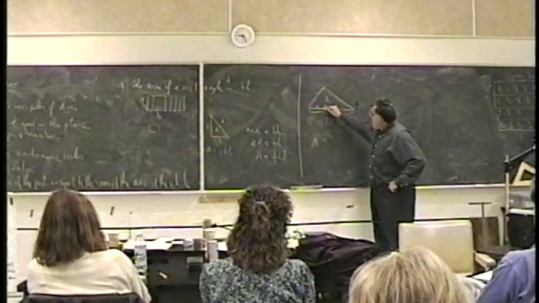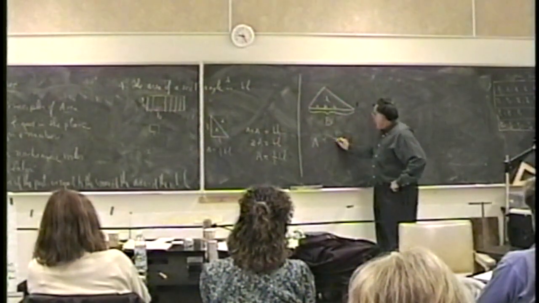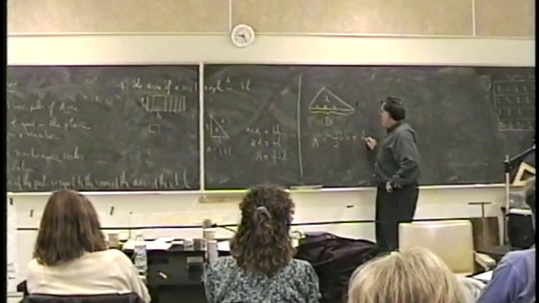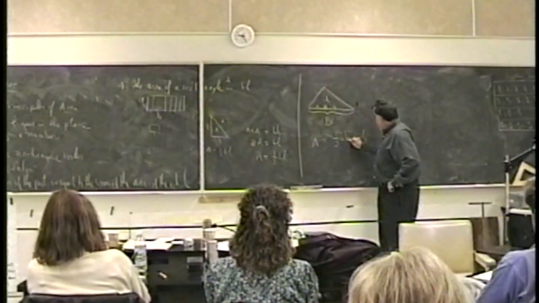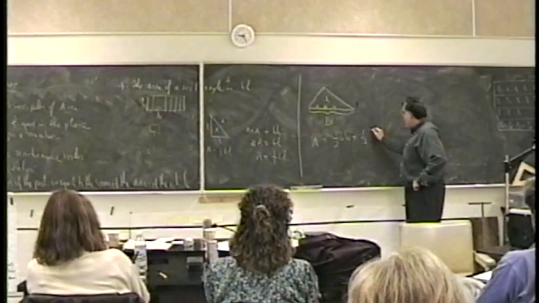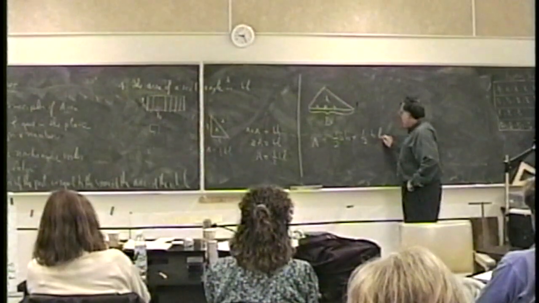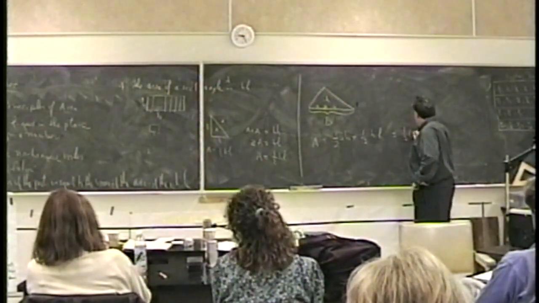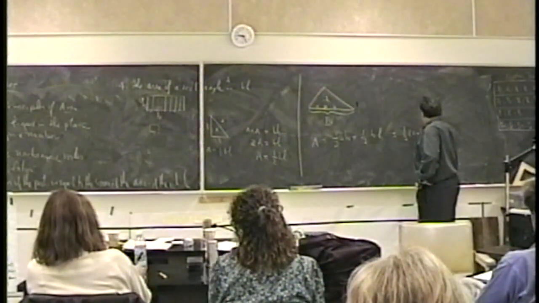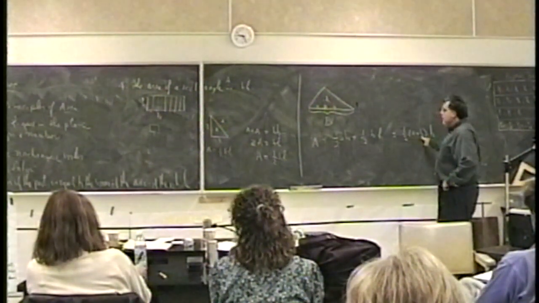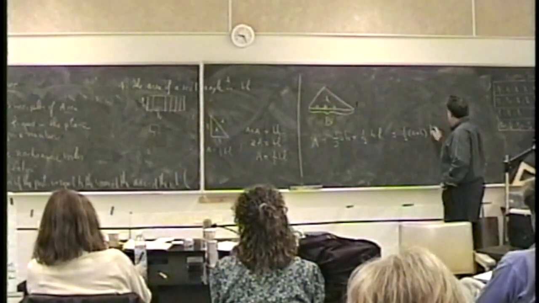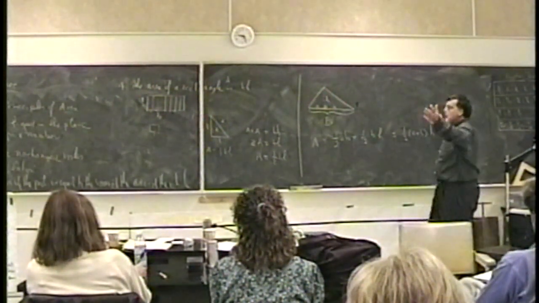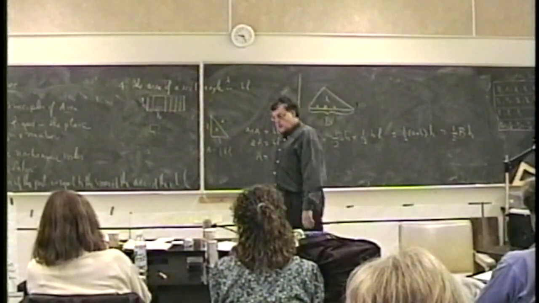And so this is a right angle, so the area of this is 1/2 AH plus 1/2, this is an H here, 1/2 AH plus 1/2 what? BH. But you can factor this: it's the same as 1/2 (A plus B) times H, but A plus B is exactly what? Big B. So you get the formula 1/2 base times altitude.